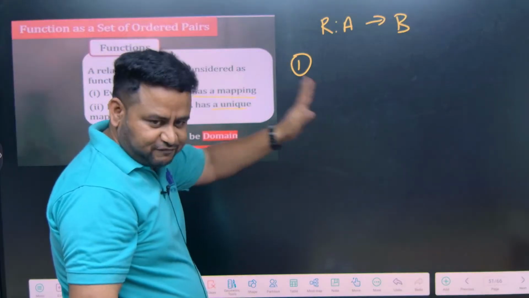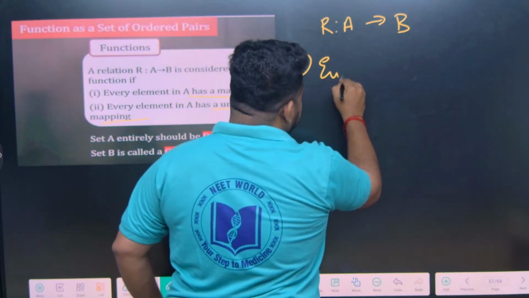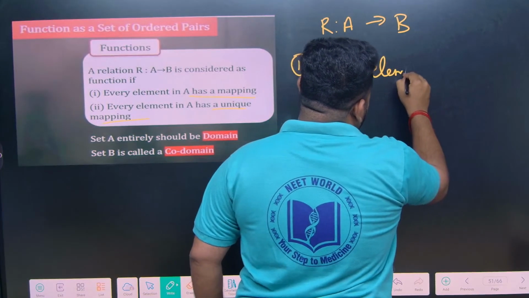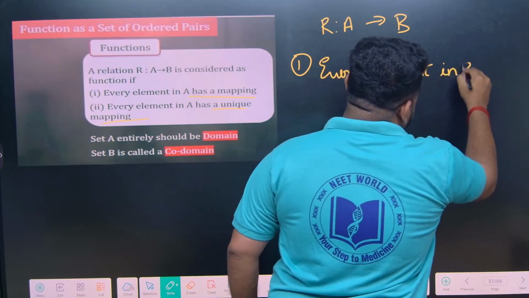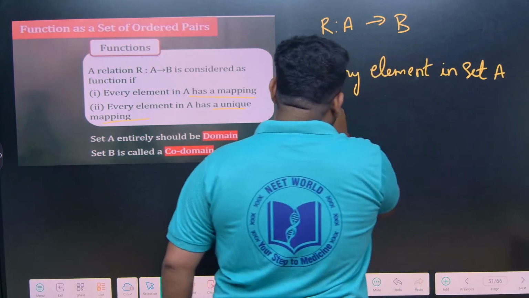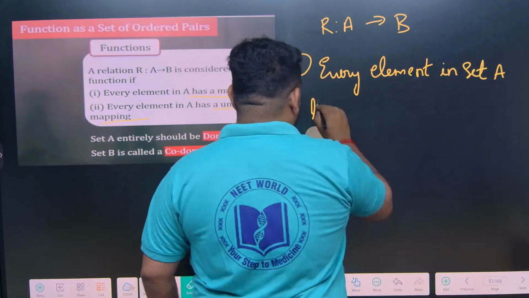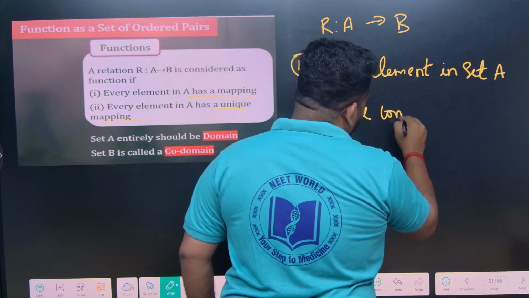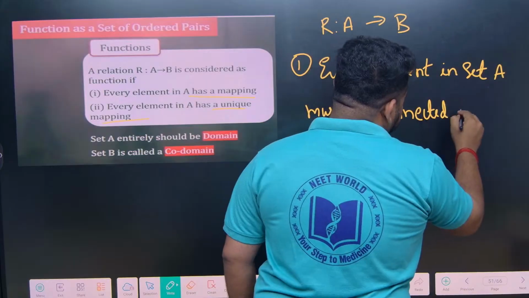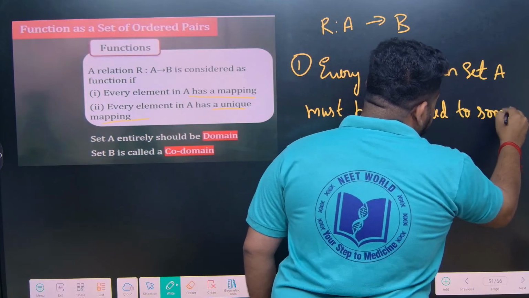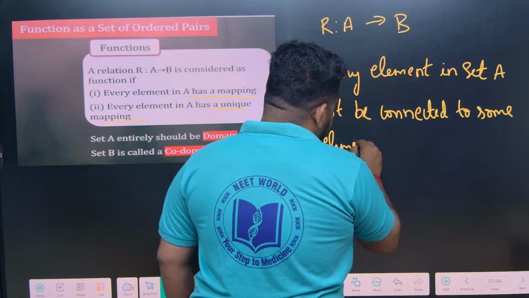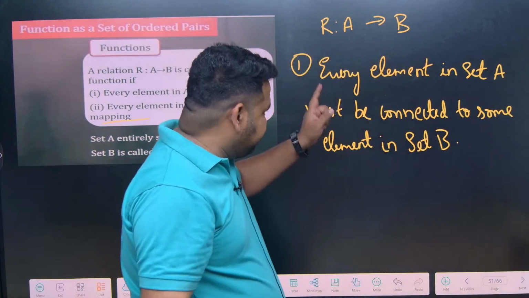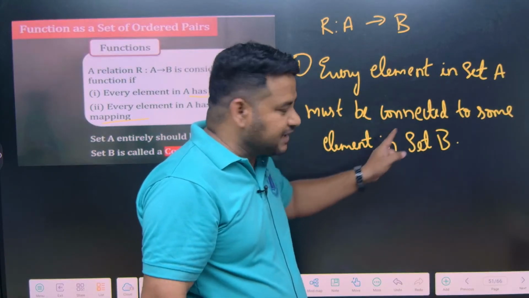What are these two conditions? Every element in set A must be connected to some element in set B.